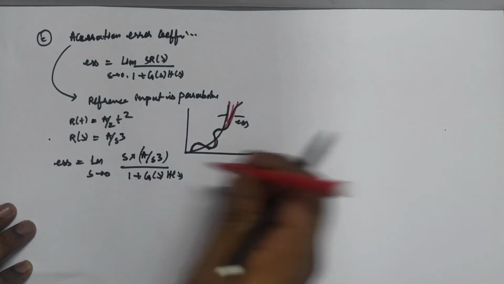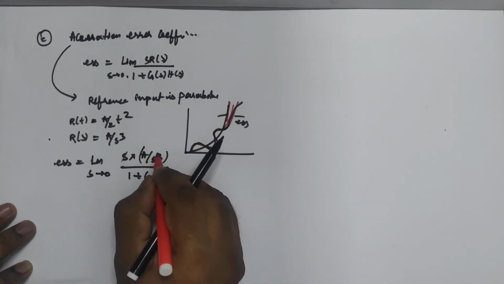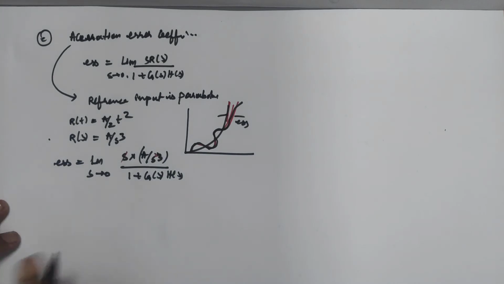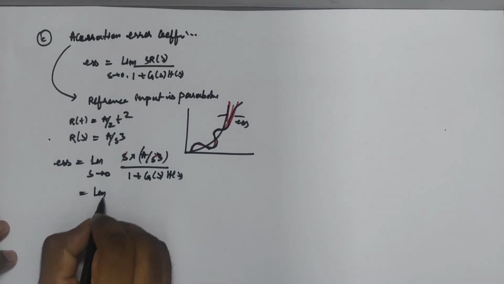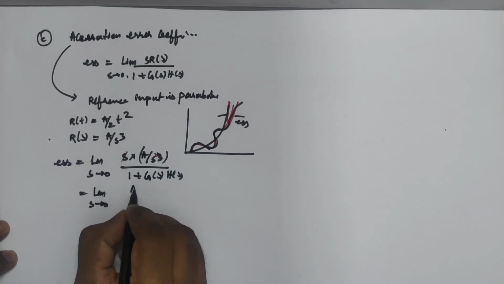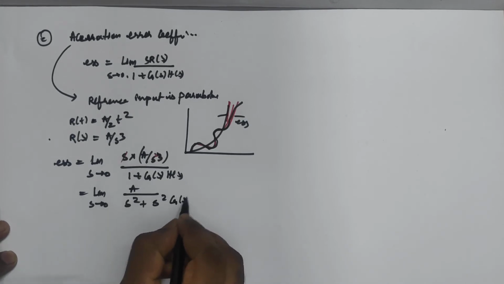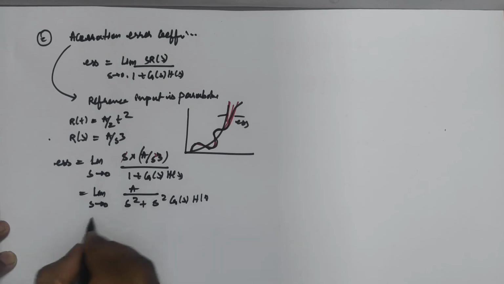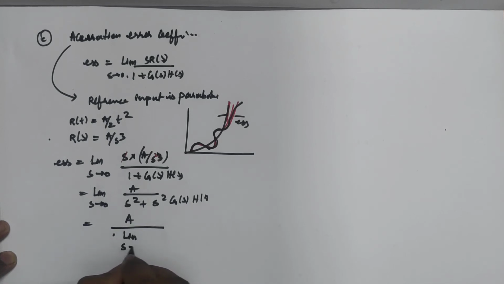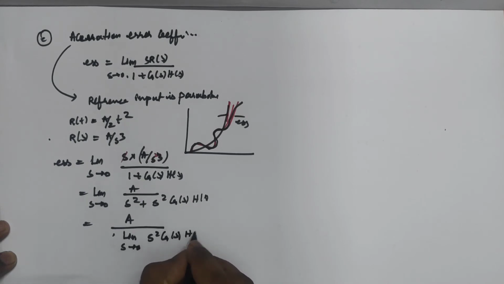After simplifying, one term cancels and we have s square, so limit s tends to 0 of a by s square plus s square g of s h of s.